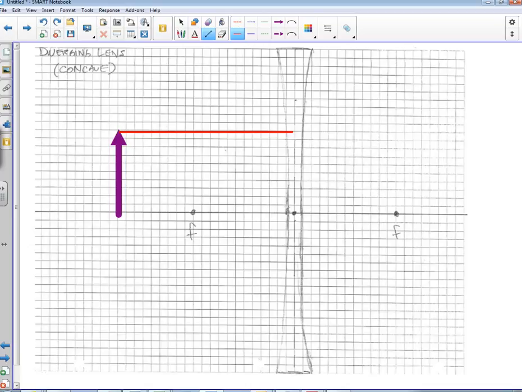Parallel. Now, diverging lens, we have a choice here. Are we going to go from here like that? Well, that wouldn't make sense for a diverging lens. That just made the light bend towards the optical axis. We are going to go in such a way so that we come as if we came from this focal point, like so.